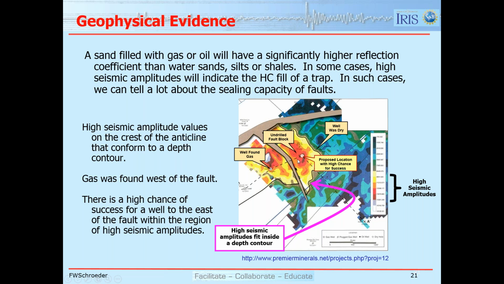And so if we're trying to assess should we drill at this location or not, the presence of the high seismic amplitude would suggest that there's a very good likelihood that we'll find hydrocarbon in this well as well. If the high amplitude values conform to the crest of a structure, that's a direct hydrocarbon indicator, a DHI, that we'll talk about later on in these series of lectures.